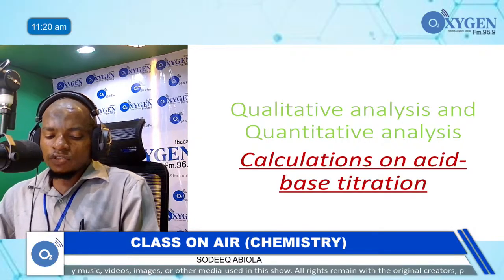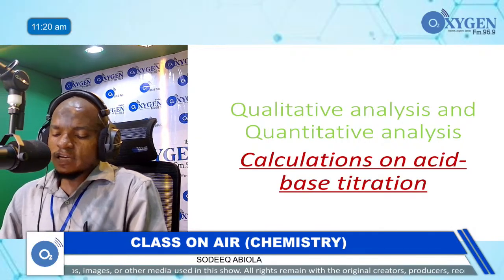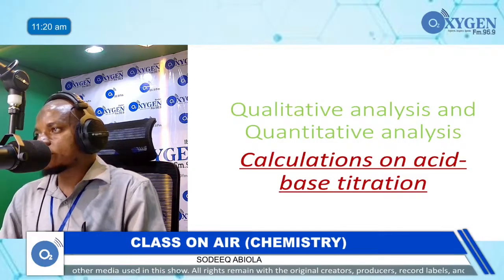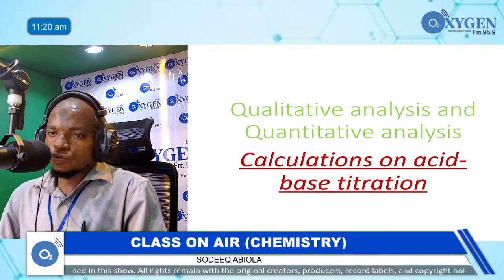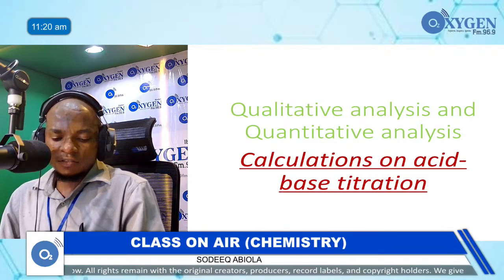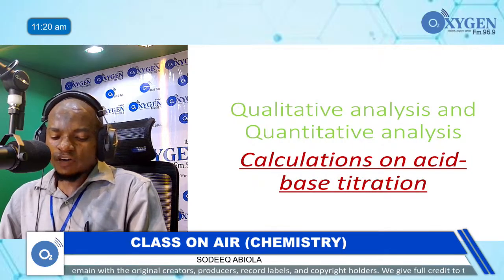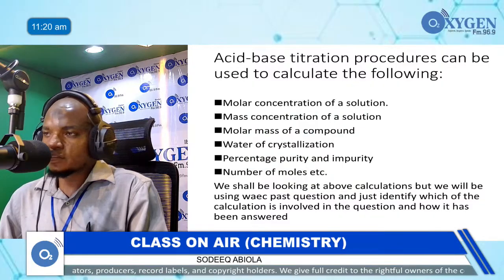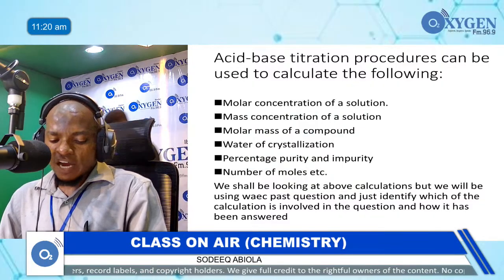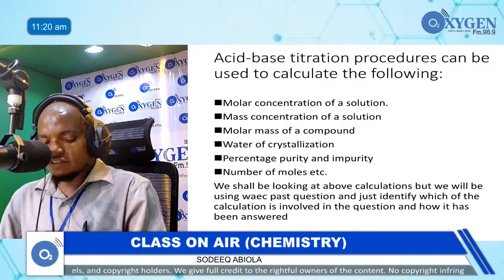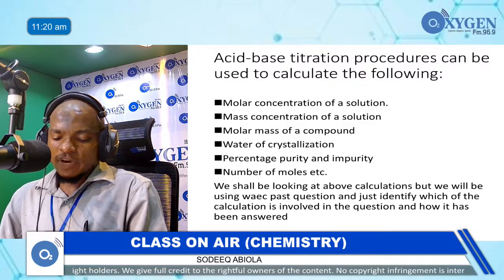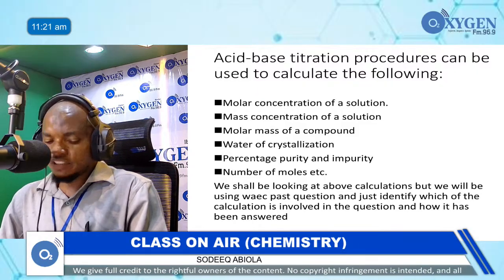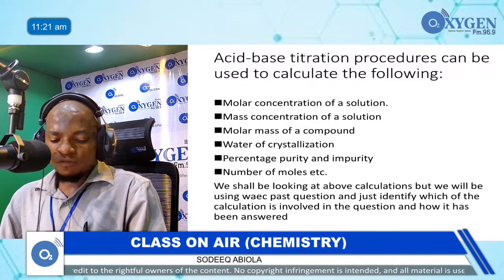Now, today we are going to look at how we can make use of the acid-base titration procedure to calculate the following: number one, molar concentration of a solution; mass concentration of a solution; molar mass of a compound; water of crystallization; percentage purity and impurity; and number of moles.